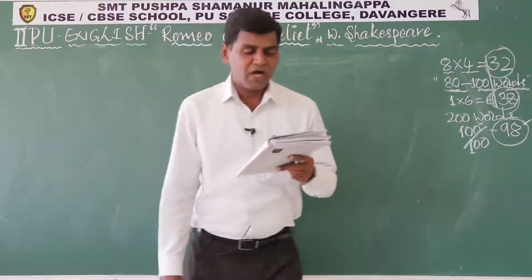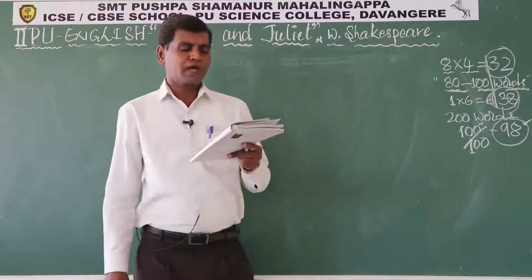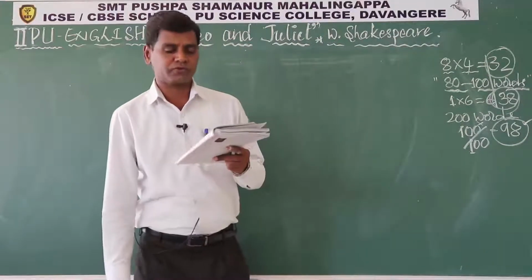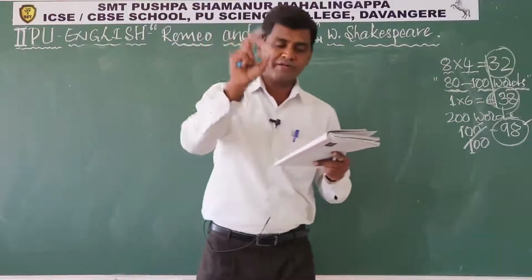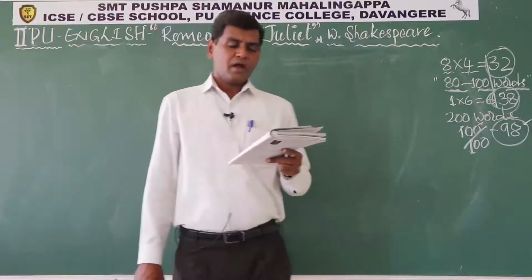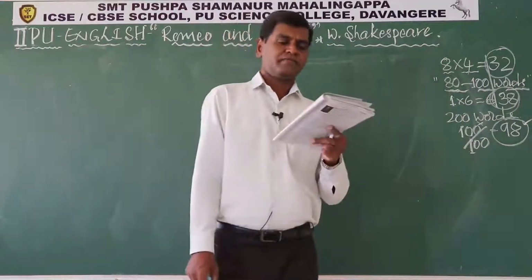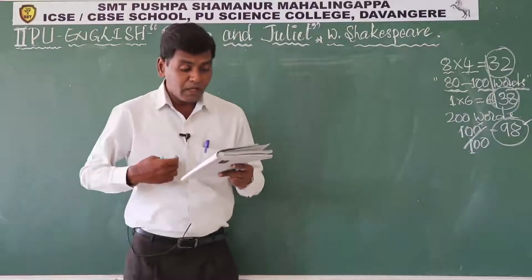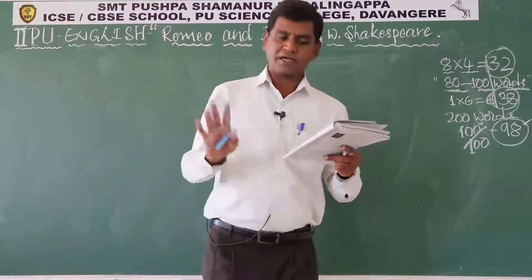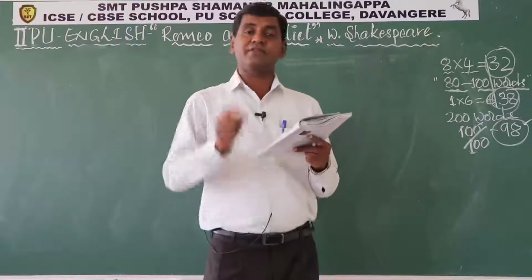So shows a snowy dove trooping with crows, as yonder lady over her fellows shows. The measure done, I will watch her place of stand, and touching hers make blessed my rude hand. Did my heart love till now? Forswear it, sight, for I never saw true beauty till this night.